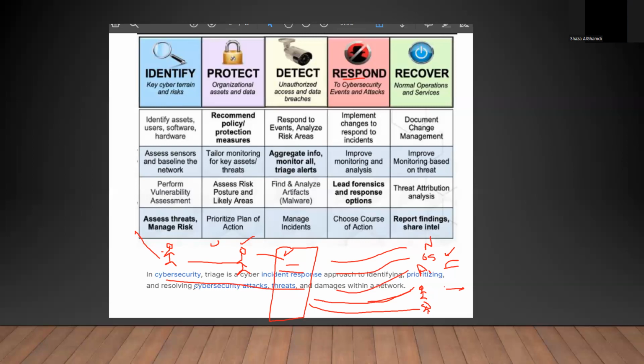Reactive techniques means we are waiting for a really obvious incident to happen, and in order to respond to and detect this incident, this is basically the reactive technique we mentioned.